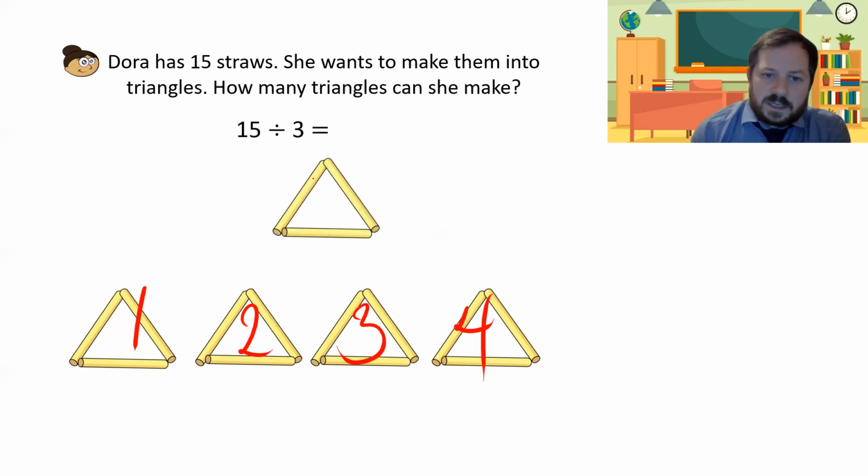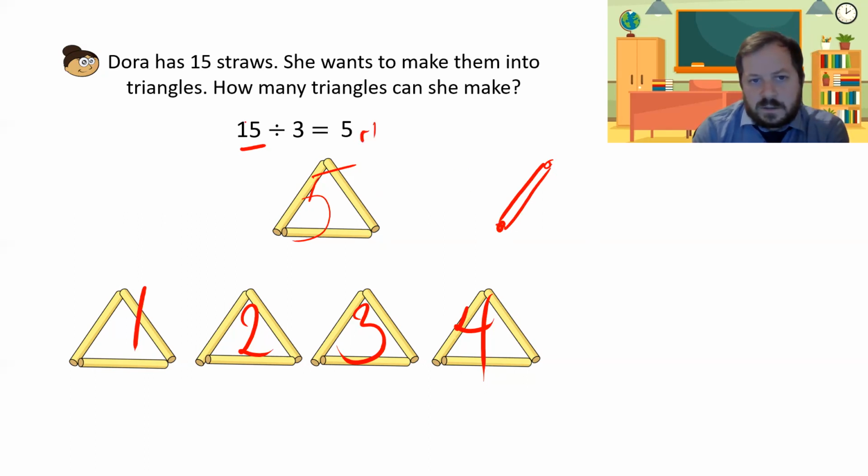So it's actually 5. And Jack, the last one, had 16. So we'd do the same thing again. 16 is 1 more, so he would have 1 straw left over, which would then mean he'd have a remainder of 1. And you'll notice that we can have remainder 1 and we can have remainder 2.